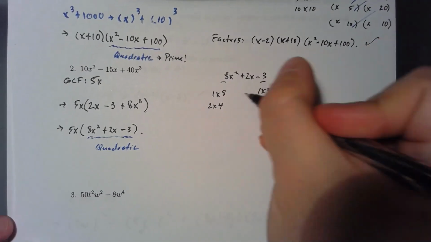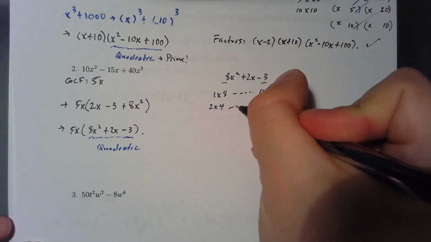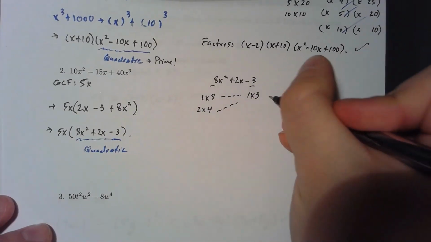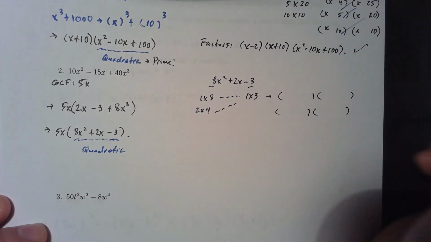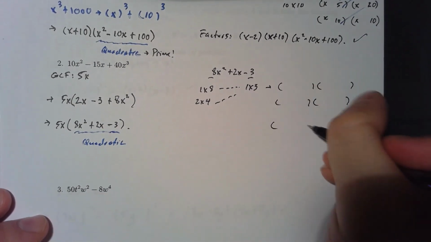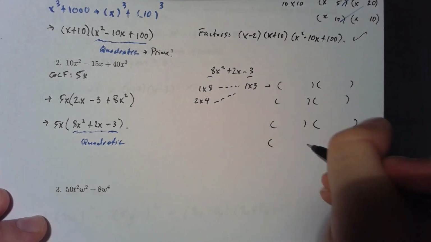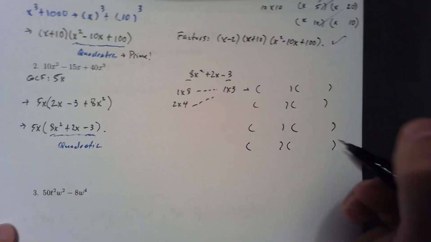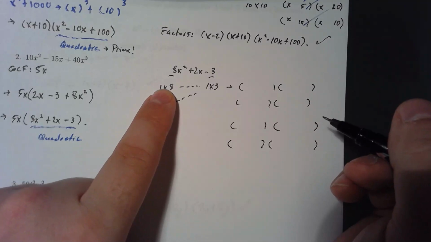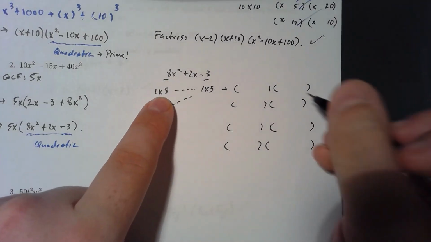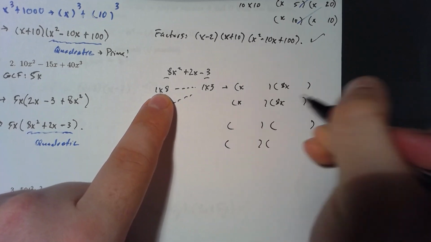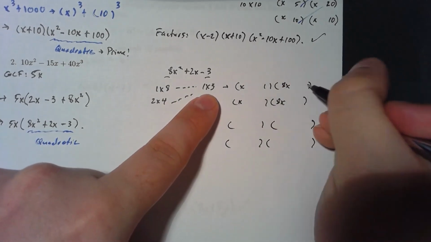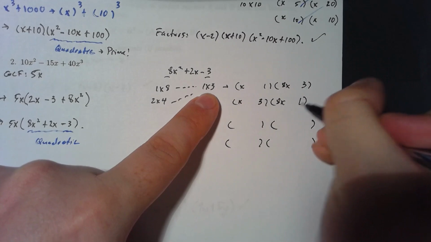So here's a pair, and here's a pair. There's a pair there, and there's a pair there. Okay. So 1 and 8, that's going to be x and 8x, right? 1 and 3, and 3 and 1.